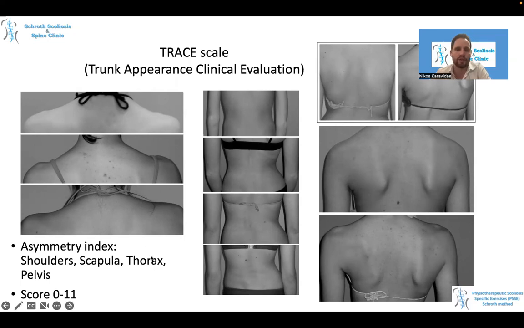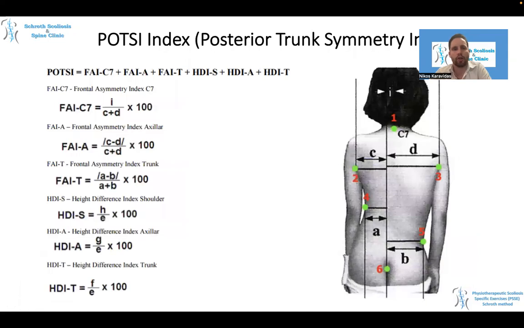So you have a final score from 0 to 11. You can also use the POTSI, posterior trunk symmetry index, or there is also the anterior trunk symmetry index, the ATSI. So you take photos of the patient and you measure all these distances, and after an algorithm, you have a result of the body symmetry.